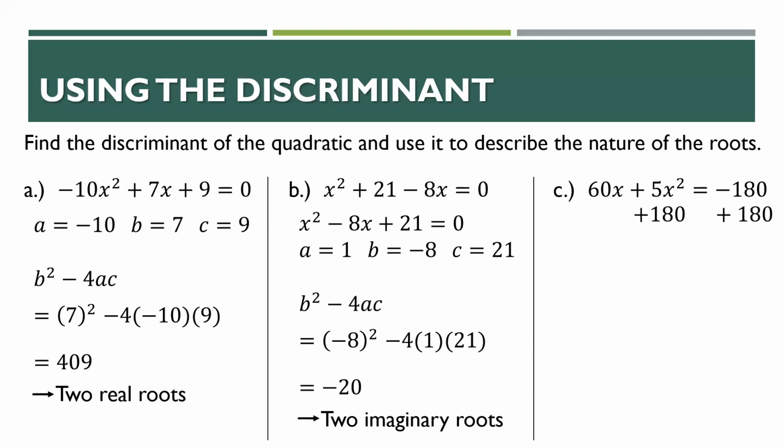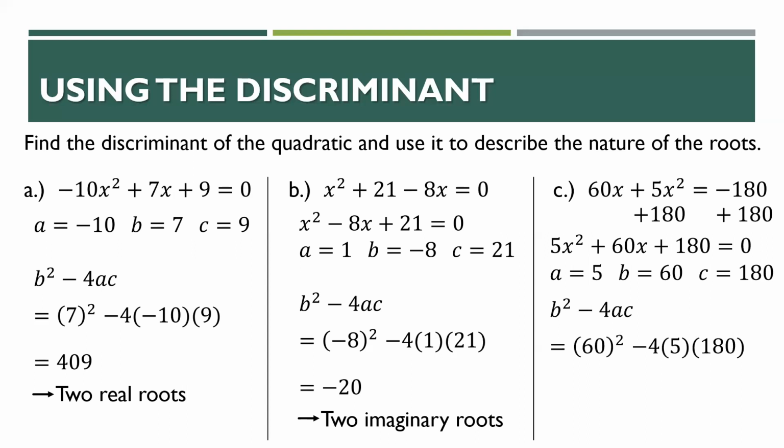So what we're going to do first is we're going to add the 180 on both sides to move it over to be with the rest of the terms on the left. And then I'm just going to rearrange those terms on the left-hand side so that they're in the correct order. And now I get 5x squared plus 60x plus 180 equal to 0. So there's our A, B, and C.